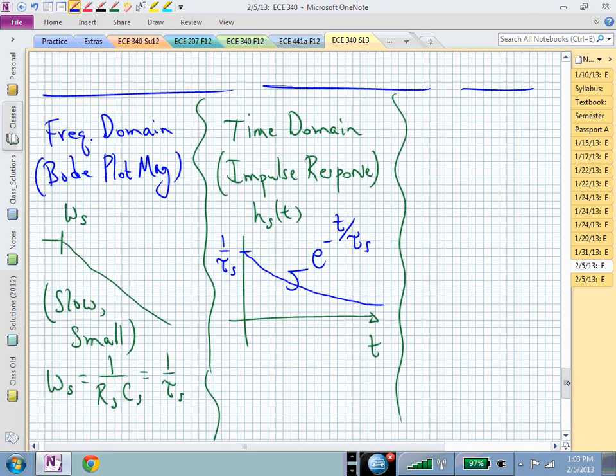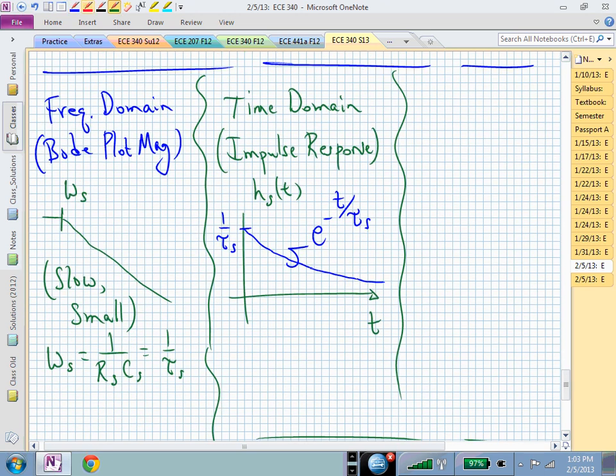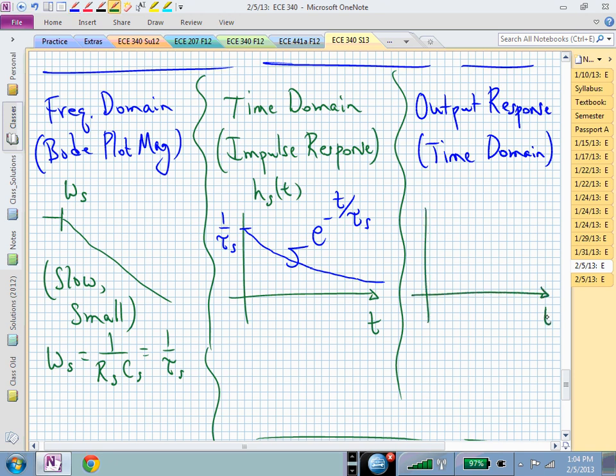Now if we look at the output response, again in the time domain, what do we expect to see over here for the output? This is now V sub O of t. We push a pulse through this, and if you're thinking convolution, we need to convolve that pulse with this impulse response, and that will give us our output.